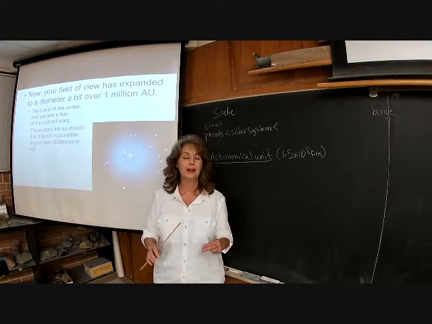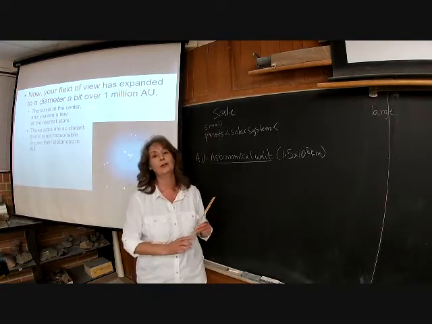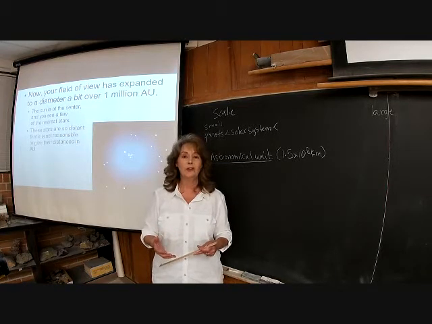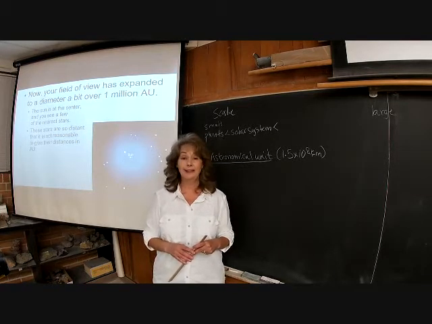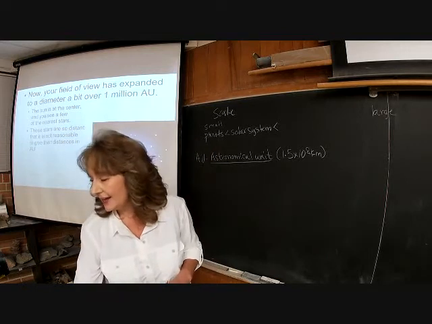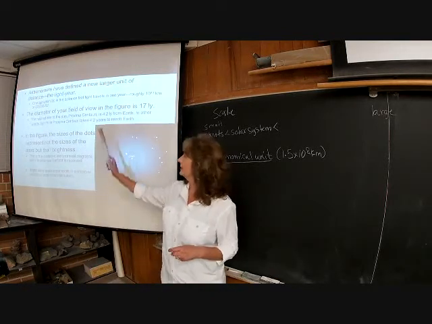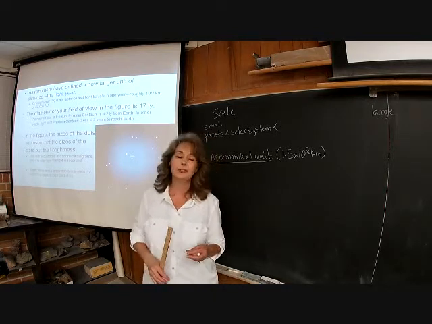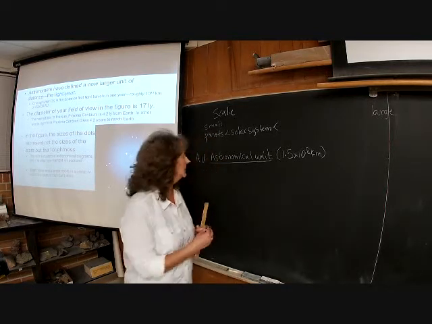It's really not reasonable to talk about AUs even. And so astronomers have come up with an even larger unit of measurement, the light year, okay? So there you are, the light year. This is the distance that light travels in 1 year.